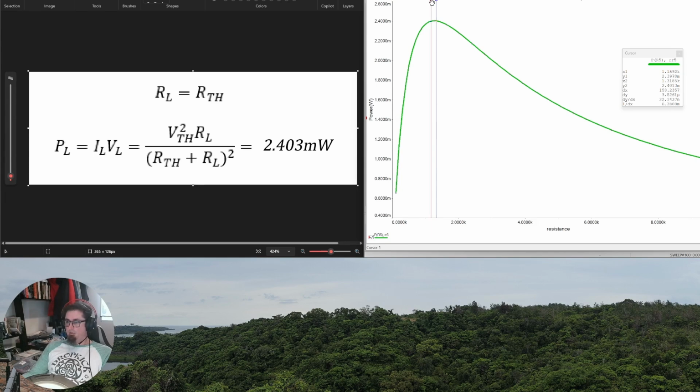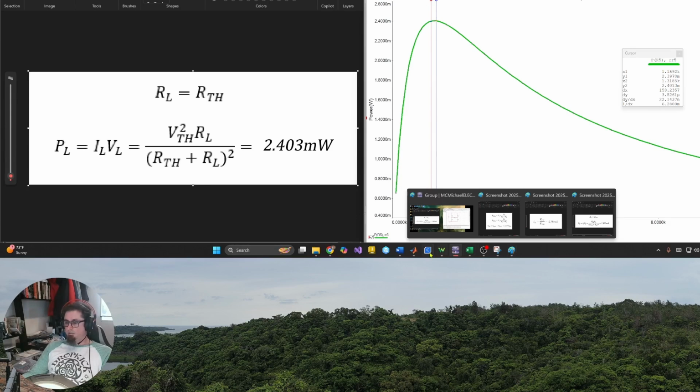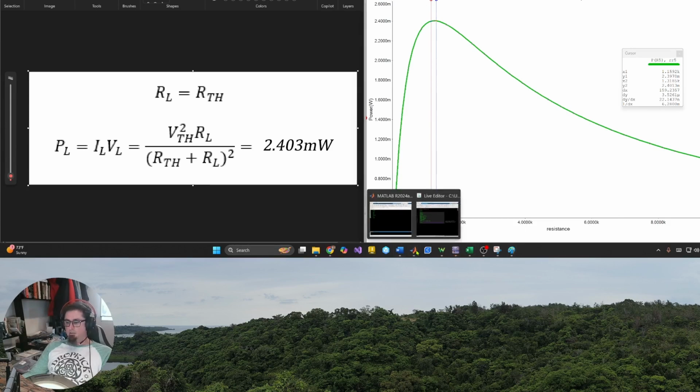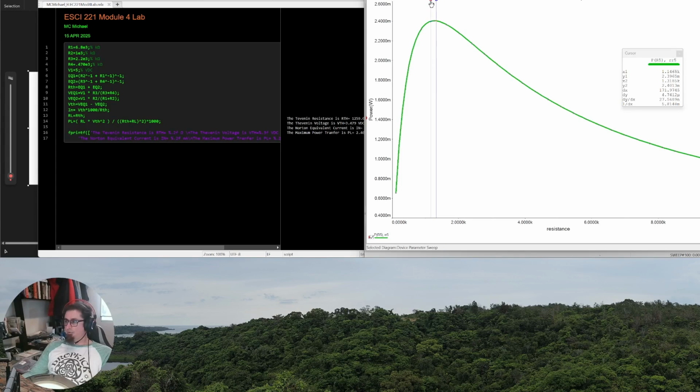I think the maximum is probably right about there. So we say our maximum, our RTH, our Thevenin, was 1259. So I can get X1 closer to 1259.